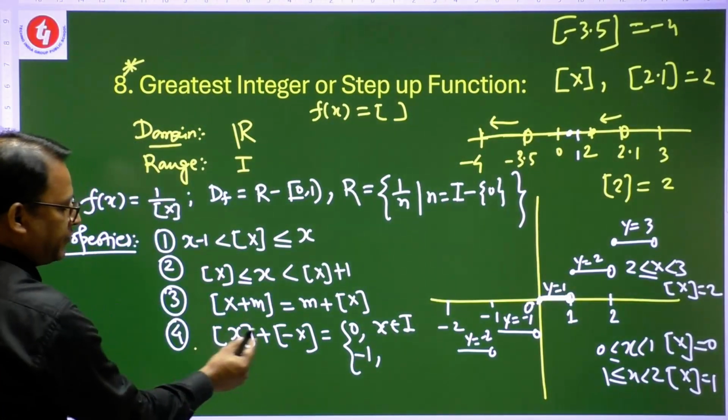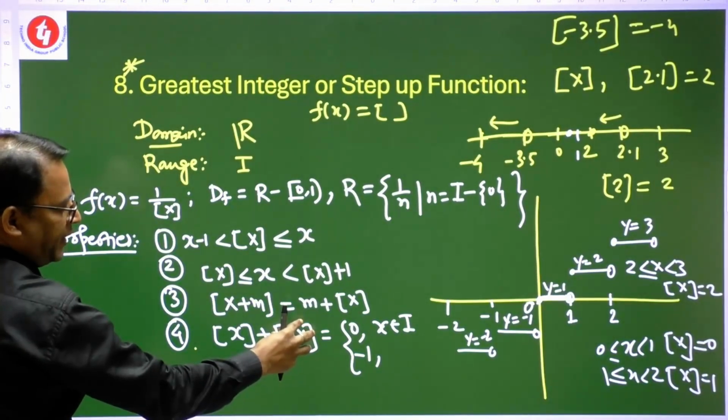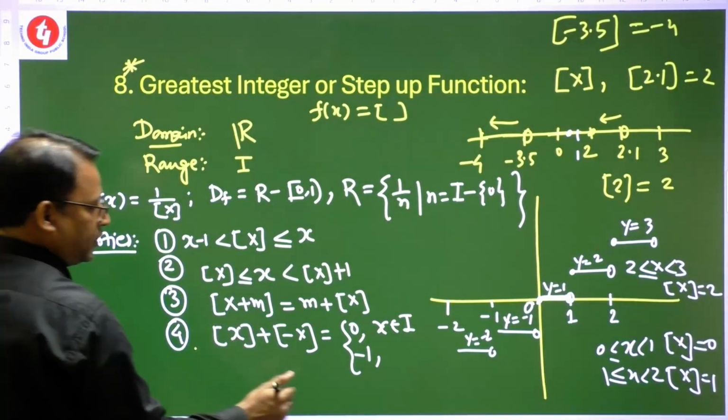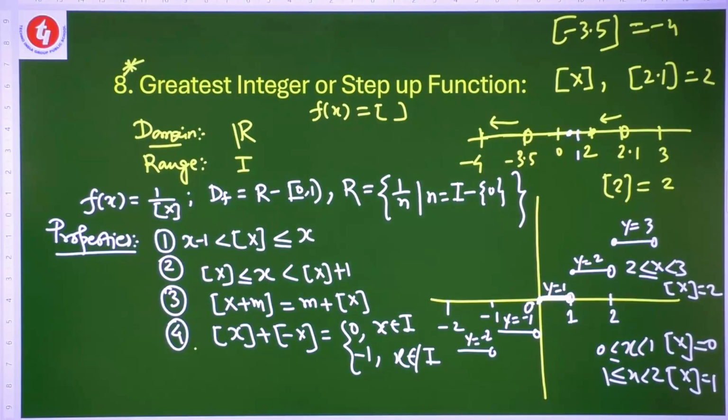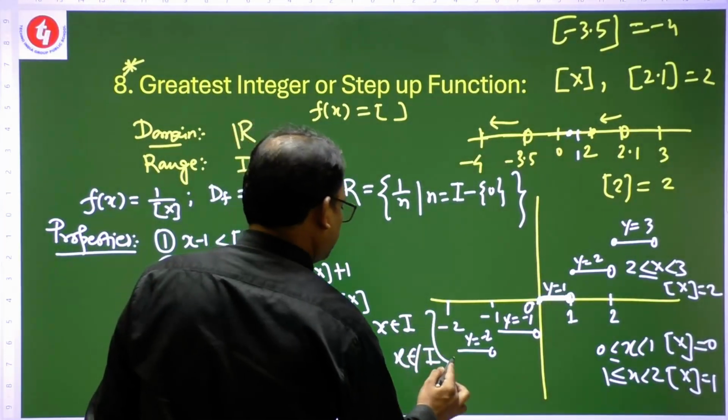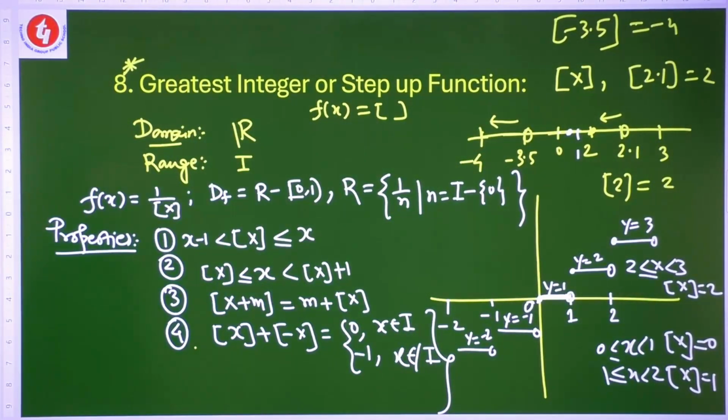Suppose it is 2.1 and minus 2.1: it will give you minus 3 and plus 2. So the answer is always minus 1 for a non-integer number. Box of x plus box of minus x is 0 for x an integer, and if it is not an integer, then you always get minus 1. I hope this part is clear to everyone.